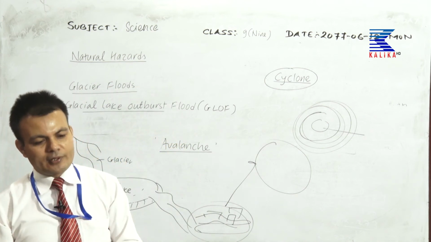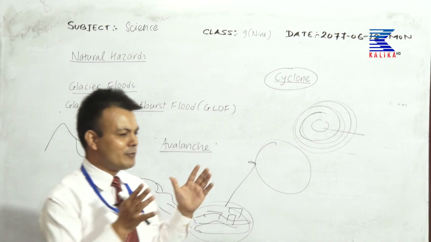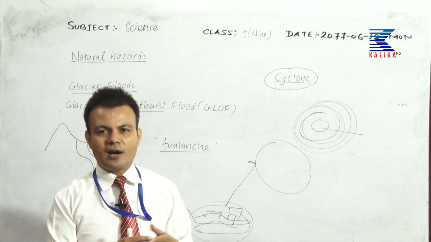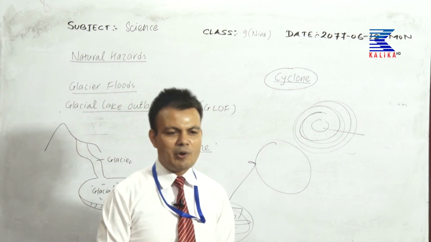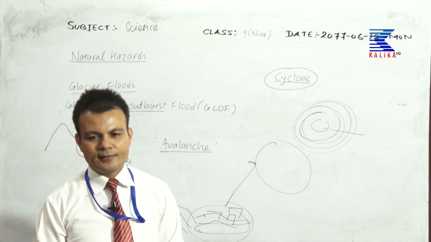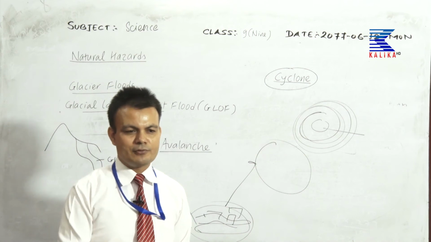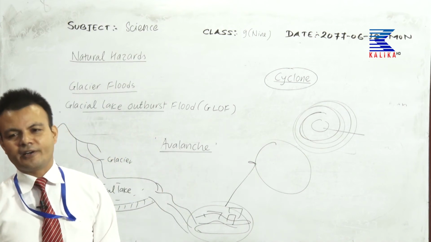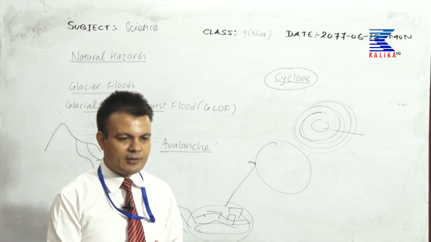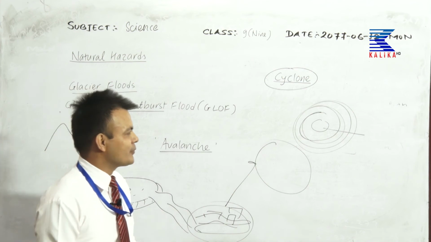And it not only remains still at a place, but also moves from place to place at high speed, sometimes as much as 250 km per hour. That's why it can move very fast. Somewhere it occurs in the middle of the Atlantic Ocean, may come to the United States of America, or may hit some part of Europe, in a couple of days or in a few hours.